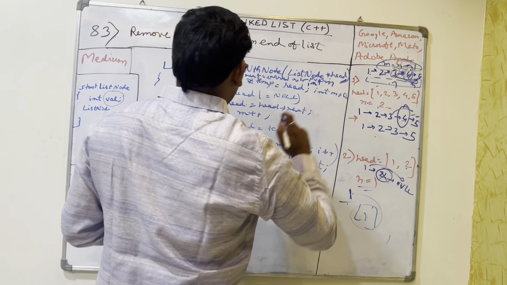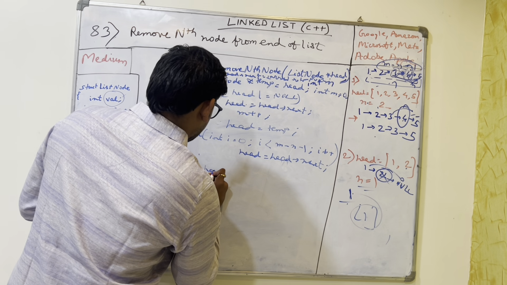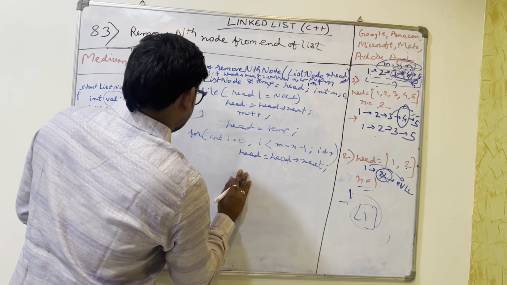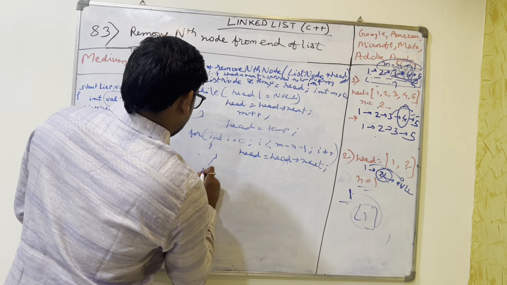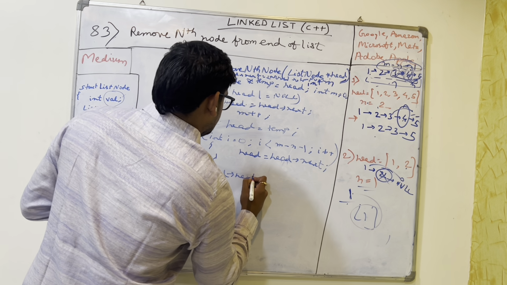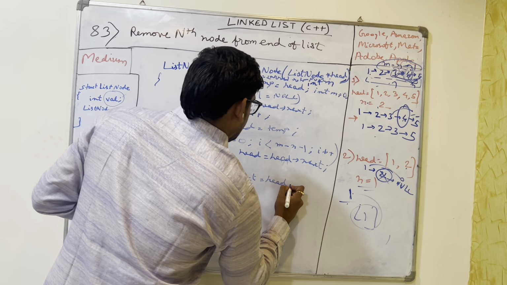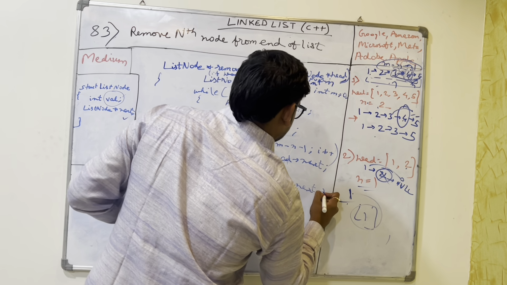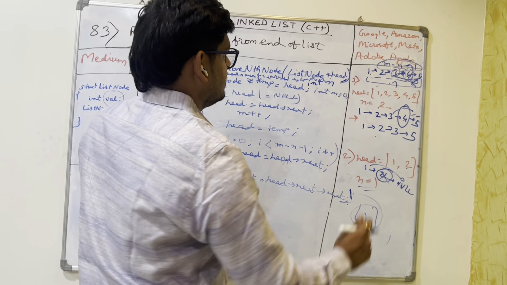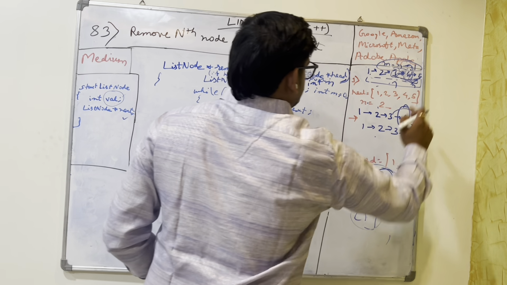Okay, once it reaches 3, this loop is over. Then head's next will point to head's next's next. Right? Head's next, 3's next, will be pointing to its next.